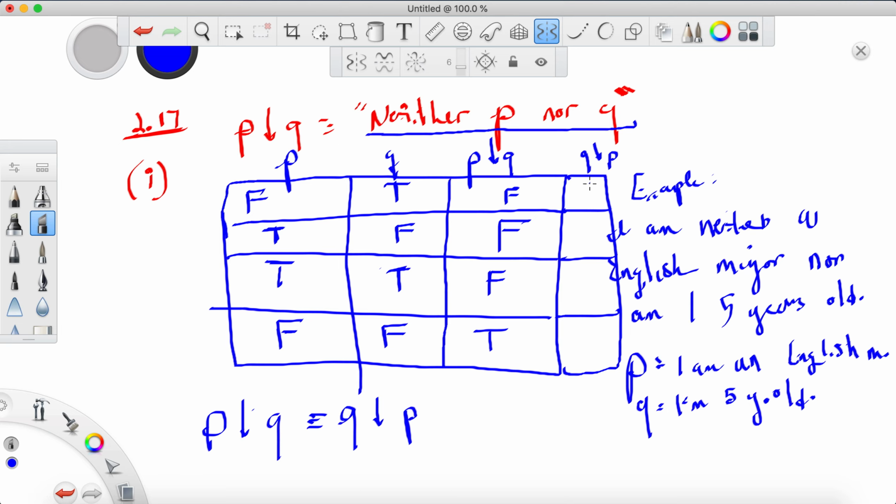So this will be false, this will be false, this will be false, and this will be true. If I made a separate table and the only difference was that I swapped these two columns, that doesn't really change anything. So we can immediately see that those are in fact logically equivalent.